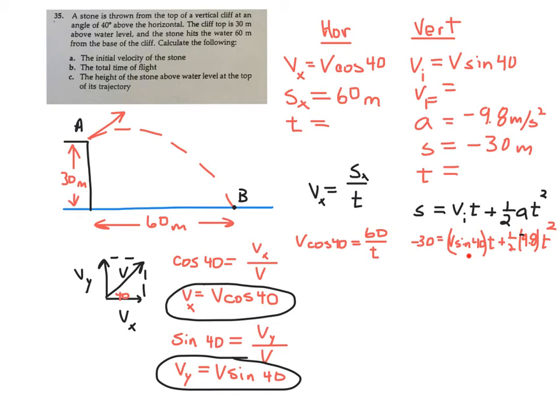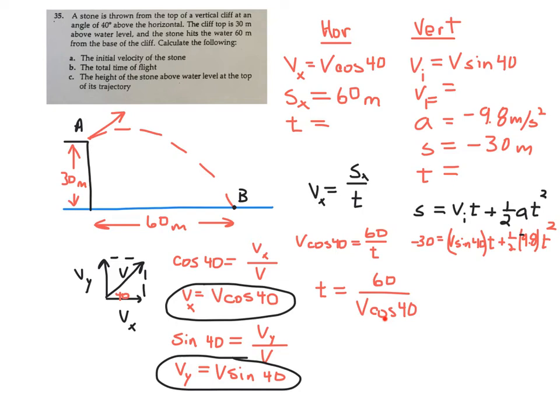What I would do, and I have this more laid out on a written piece of paper that I gave you in class someday this past week, is take this equation right here and solve for T. Well, let me do that. So I've rearranged this equation to solve for T. T will be 60 over V cosine 40.